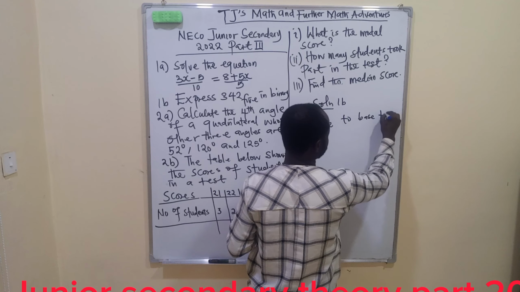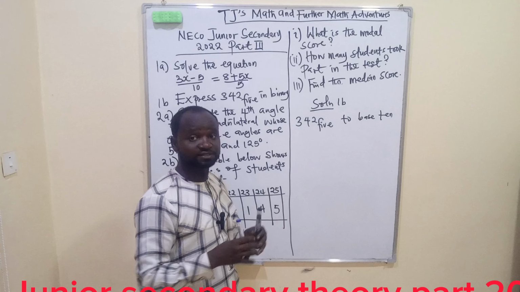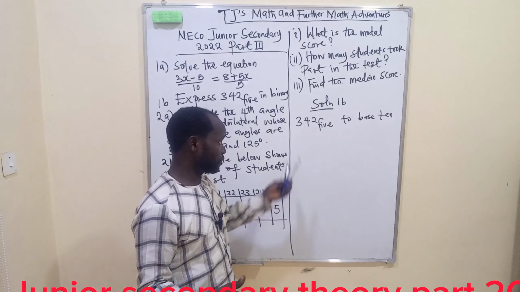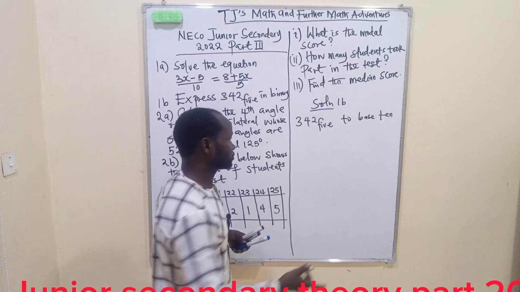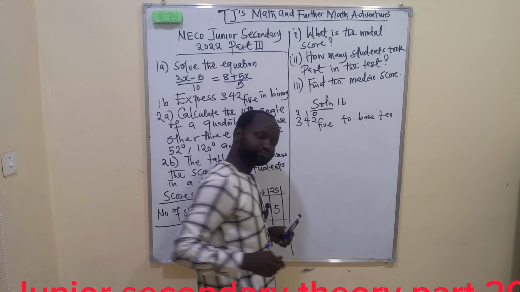Conversion from any other base to base 10, we can use either repeated multiplication or the expansion method. So let's use the expansion. Here will be powers 0, 1, 2.